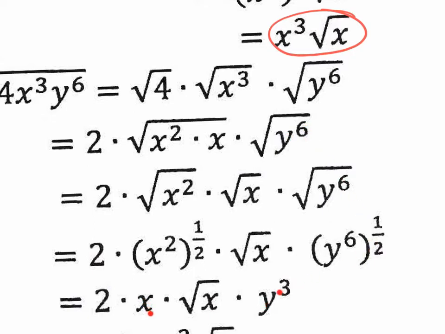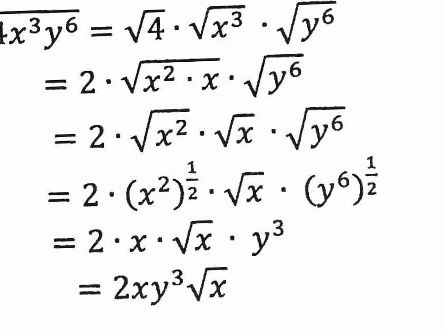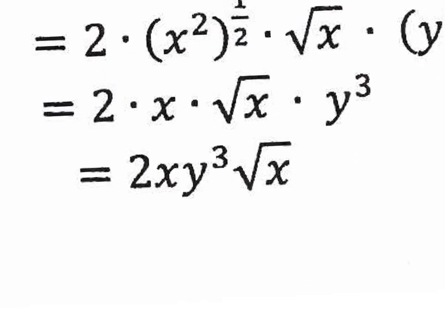You don't even have to show all this work. Half of 6 is 3. Here's the work you could show if you wanted to, but I already know that half of 6 is 3. So our final answer is going to be 2 times x times y to the 3rd, and the radical at the very end: 2x y to the 3rd, square root of x.